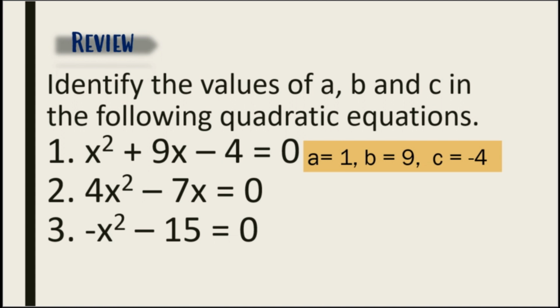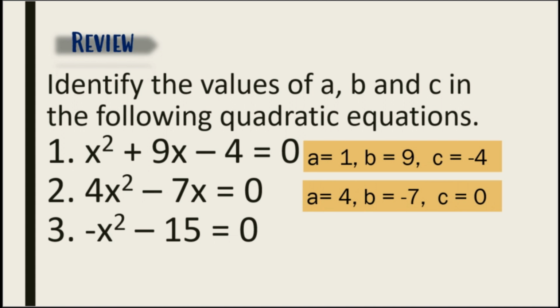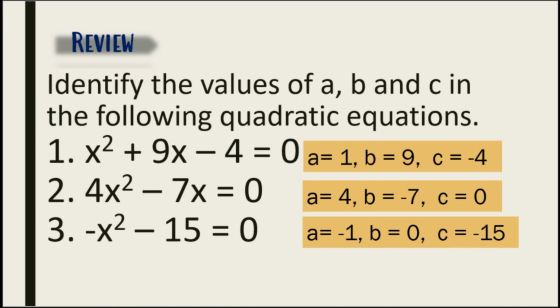For number 2, A is equal to 4, B is equal to negative 7, and C is equal to 0. For number 3, A is equal to negative 1, B is equal to 0, C is equal to negative 15. Good job!